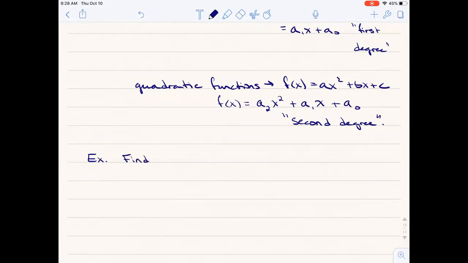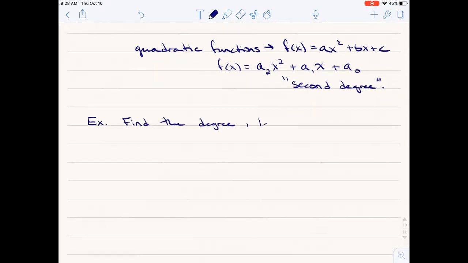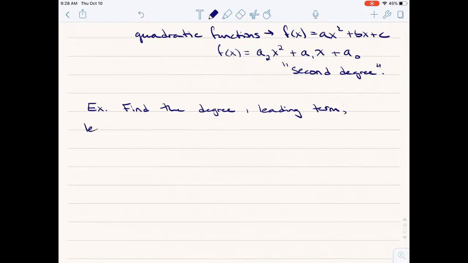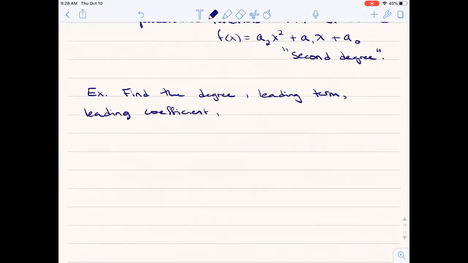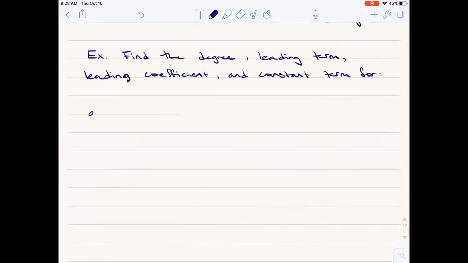So find the degree, the leading term, the leading coefficient, and constant term for f of x equals 4x to the 5 minus 3x squared plus 2x minus 5.